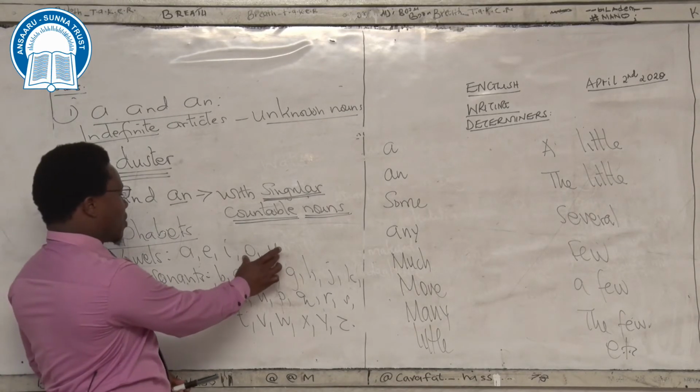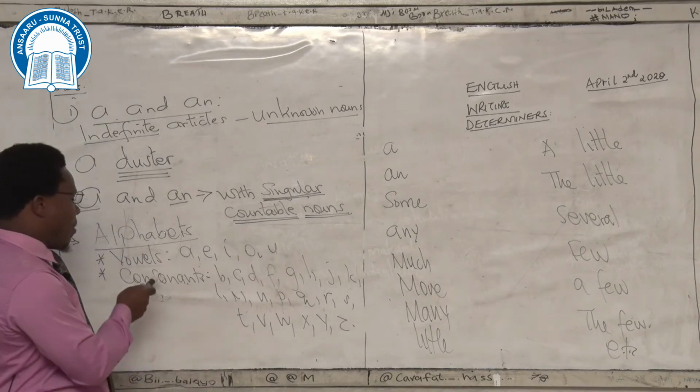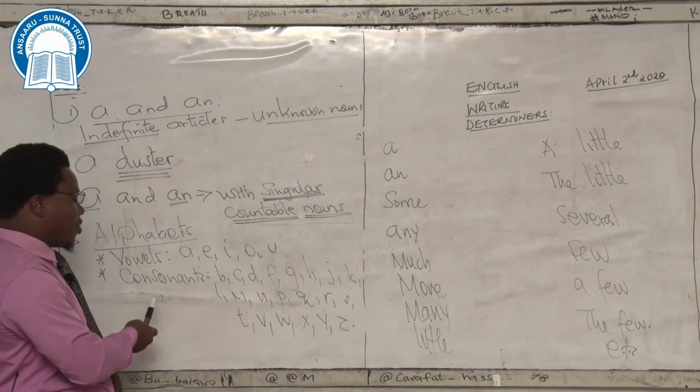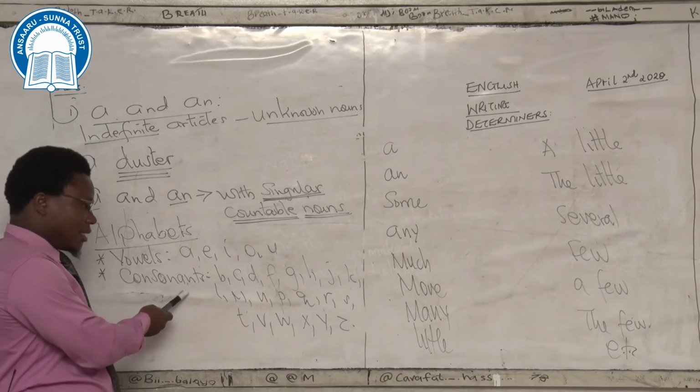We have the first group, which I've referred to as vowels, and the second group, which I've referred to as the consonants.